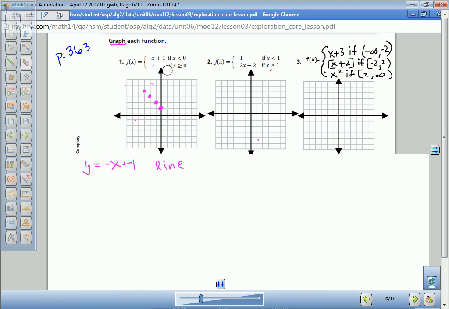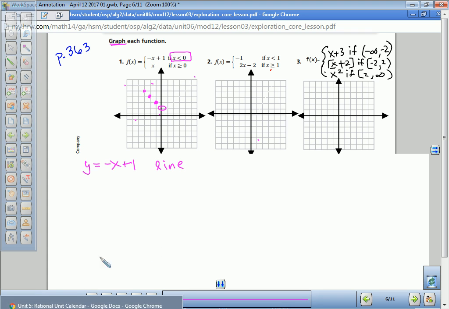Now, before I draw this in, I want to notice that this is for x values that are less than 0. This is the one that includes 0. So can this piece of a function have a solid closed dot here? No, it has to be an open dot because it cannot equal 0. So that dot right there is to be open. And we go this way.